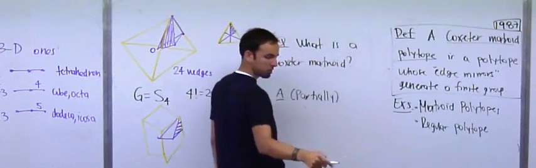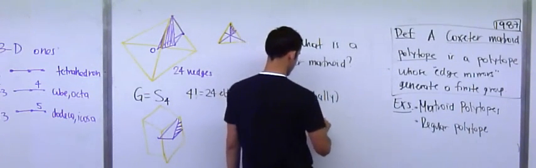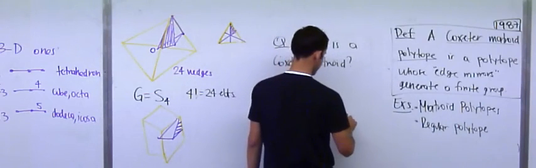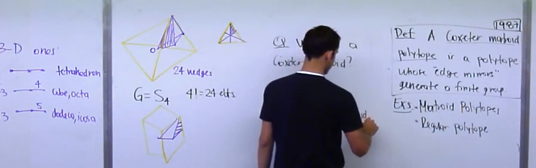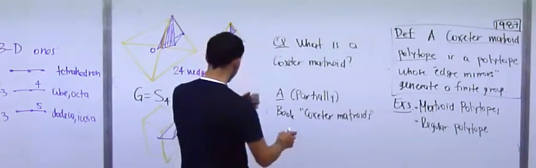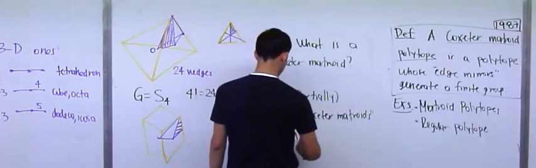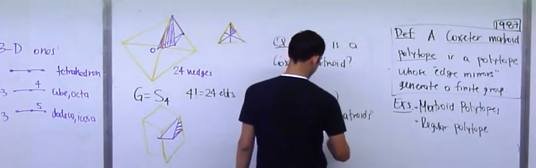And the answer is partially in the book Coxeter Matroids. But this is a very recent book. It came out last year, and the point that I want to make is that this is a very new area where almost any question is open.